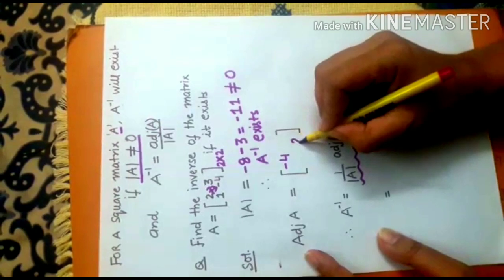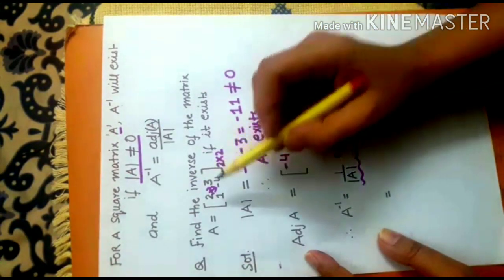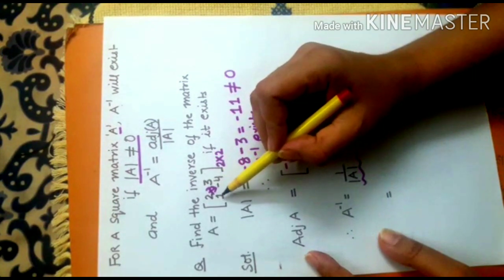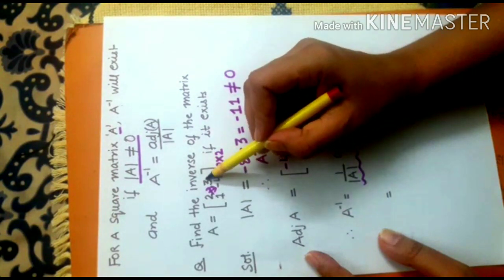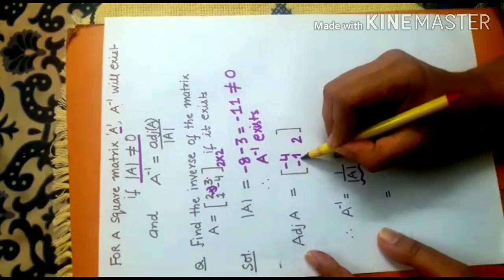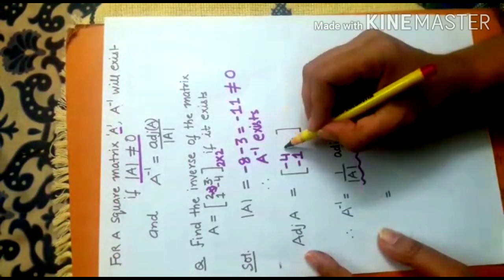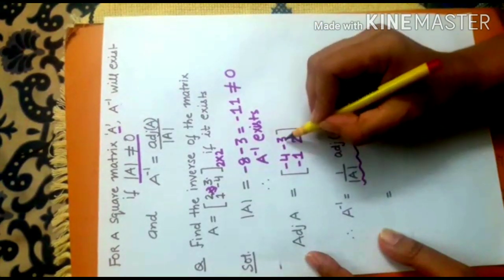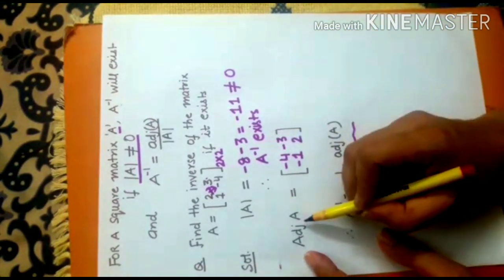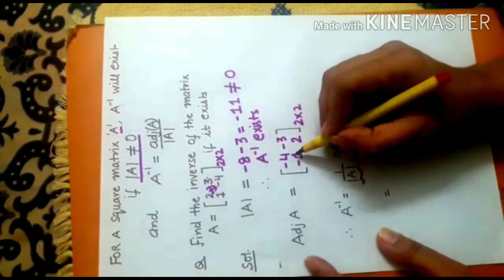So here it will be -4 and here it will be 2. And we change the sign of this number and this number. It's +1 here. So in adjoint, it will become -1. Here it is +3. So in the adjoint, it will become -3. So adjoint of the matrix A is given by this matrix.